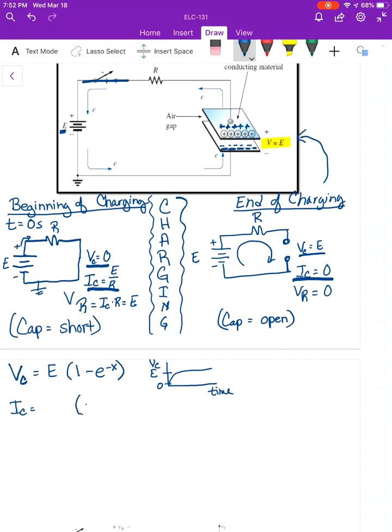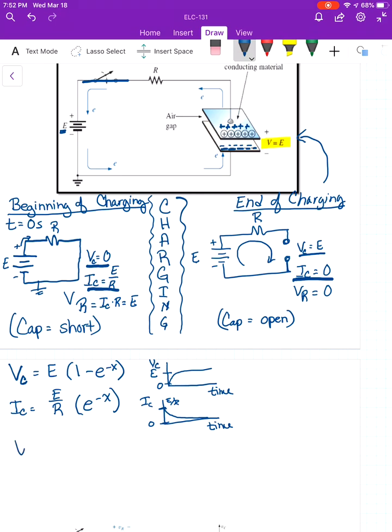So that gives us e to the minus x, and that maximum is E over R. So what we're saying is we're going from E over R to 0 in a very quick, short time.